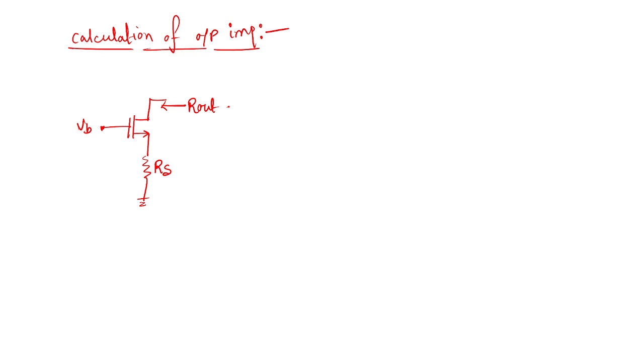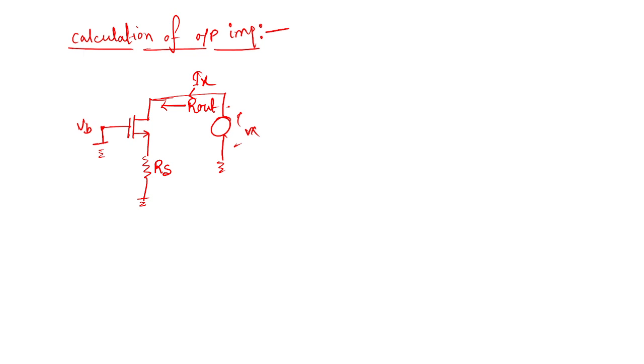Now here we also have to calculate the output impedance. Now I will try to solve this intuitively. Here we connect ground because I am doing the AC analysis. So this is the test voltage. Actually this is a rule: when you are calculating any output impedance, make the independent sources present in the circuit inactive.